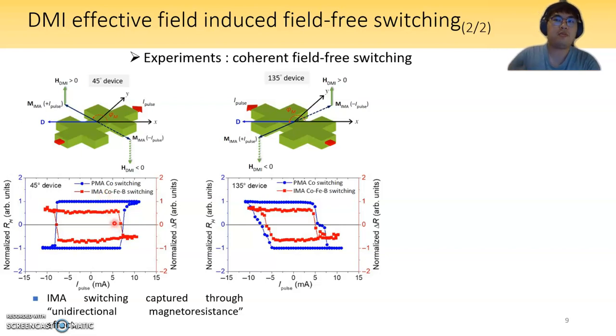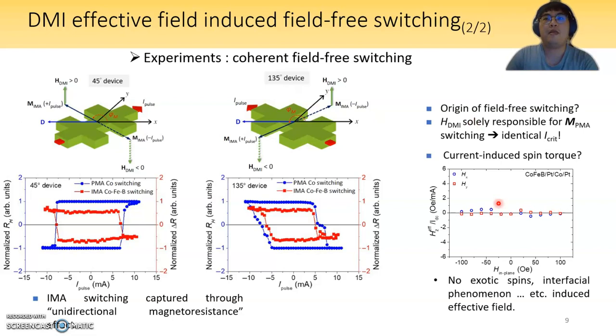So we directly confirm coherent switching. We can say that, in a sense, the IMA behavior is imprinted onto the PMA magnetization. And since the IMA switching has nothing to do with the D vector and is solely dictated by the IMA current, the switching polarity does not change between these two 45 and 135-degree devices.